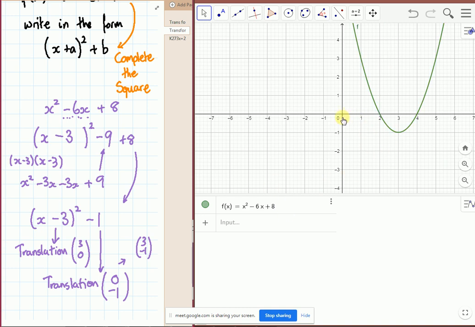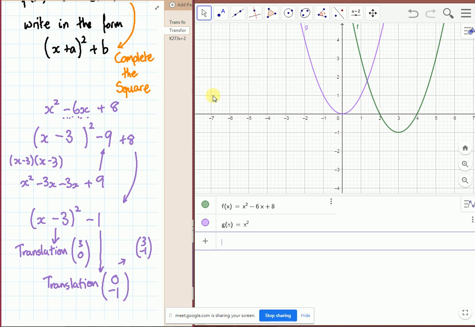If I draw in a normal quadratic, the plain quadratic, if we take the key point on the quadratic and translate it 3 to the right, 1 down, I can do the same thing to this point. Translate 3 to the right, 1 down. So that's how you can link graphs back to their original functions.